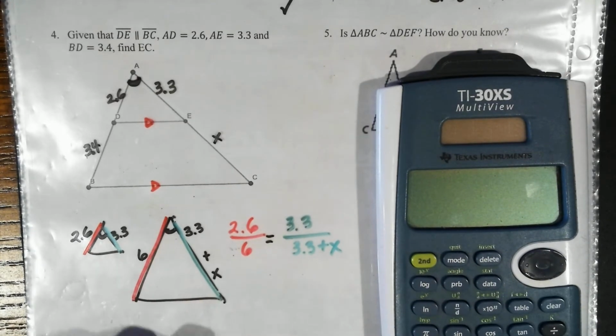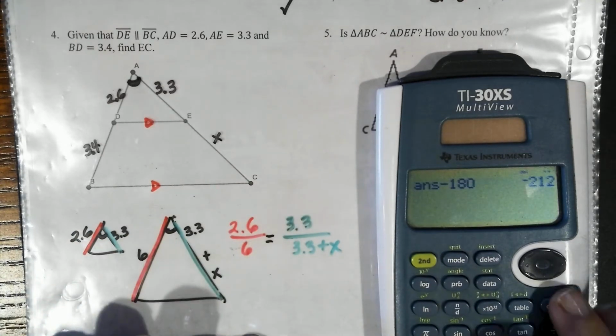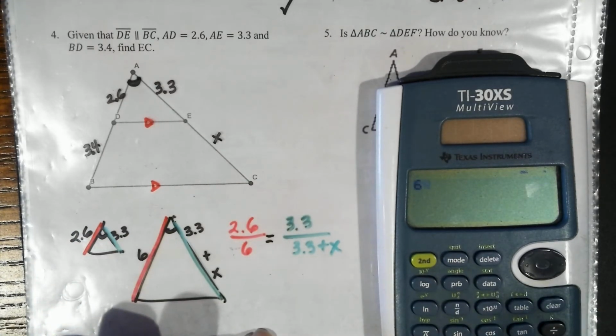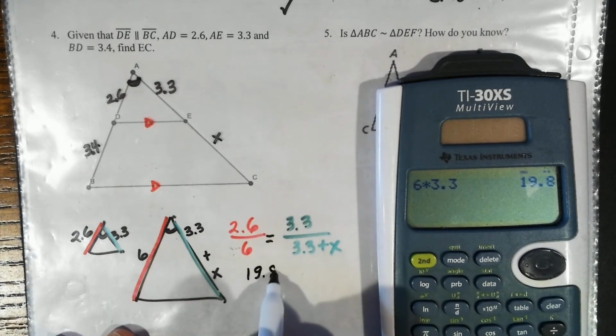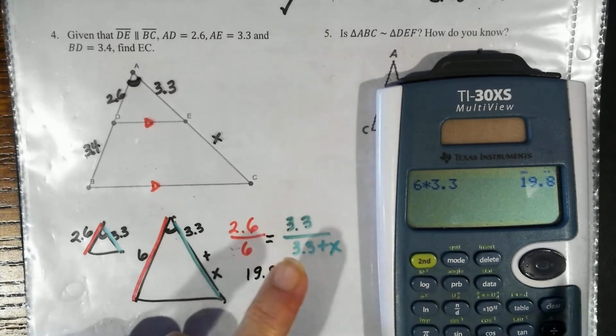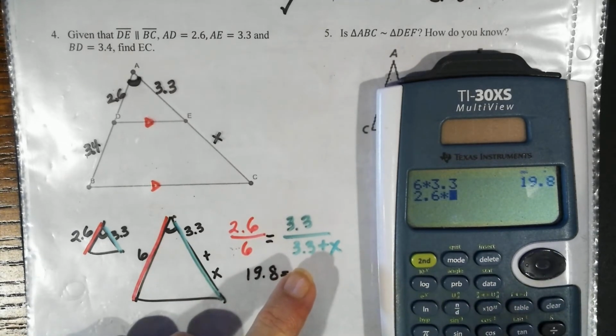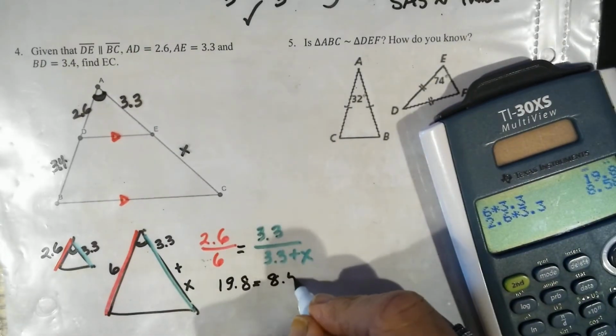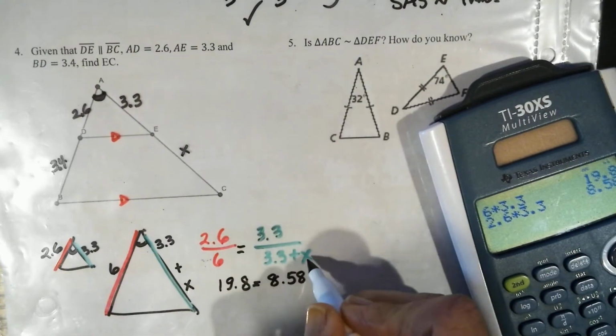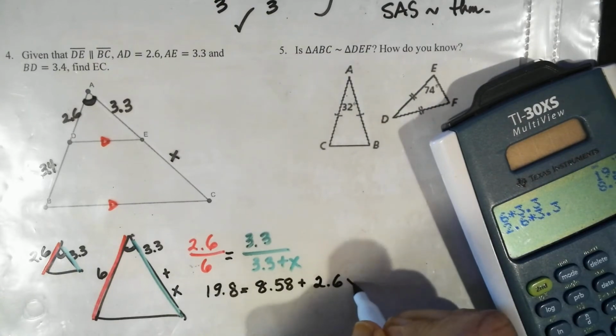So this way it's going to be 6 times 3.3, so 19.8 equals, and then we'll multiply 2.6 times 3.3 and see what that gives, 8.58, plus 2.6 times x.